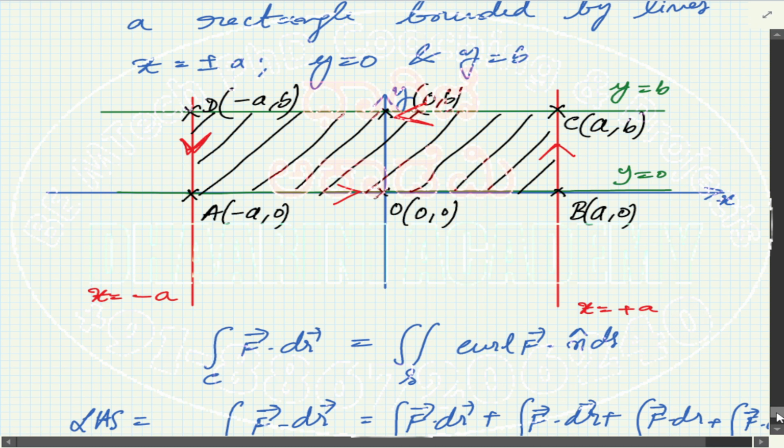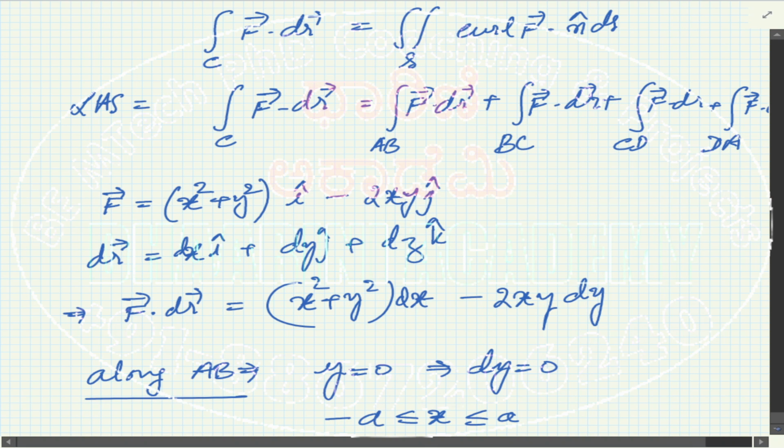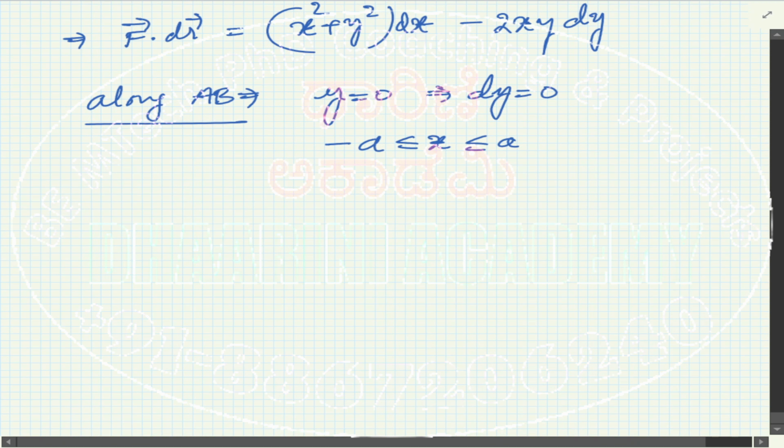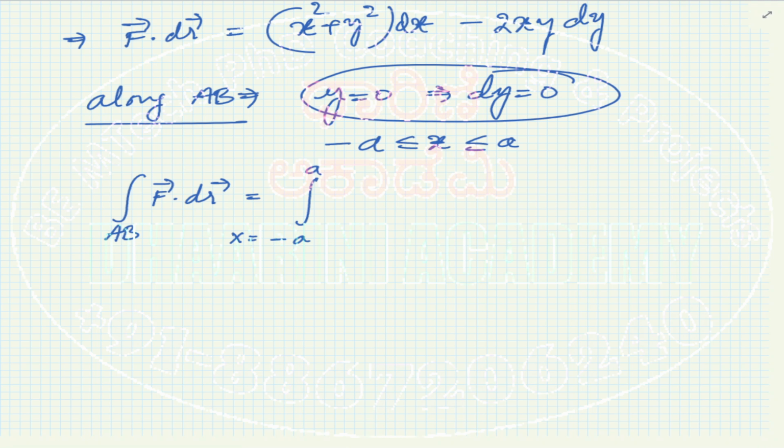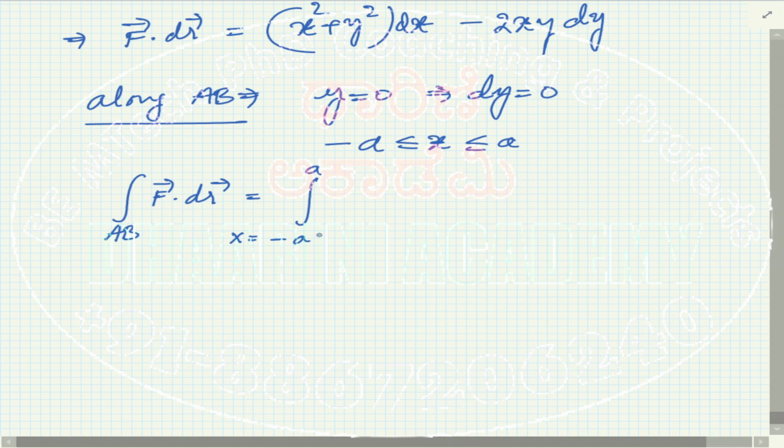Okay, now let's move ahead and do the calculation. The integral over AB of vector f dot dr is equal to, f dot dr is already there, in which I need to substitute y equal to 0 and dy equal to 0. This means it's from minus a to plus a, because x varies from minus a to plus a. When you make y 0 and also make dy 0, the second term will not come into the picture. In the first term I am going to have x square plus y square, but y is 0, so y square will not come, and dx is there.